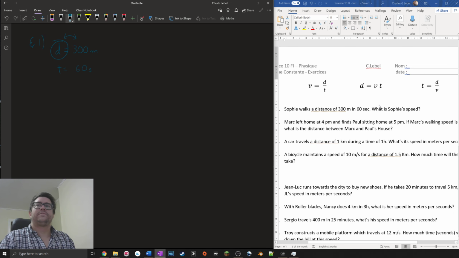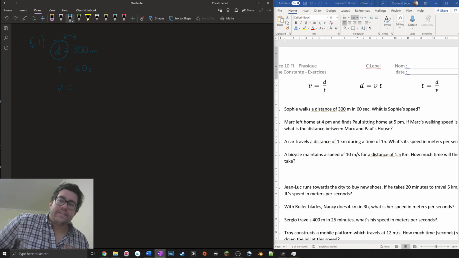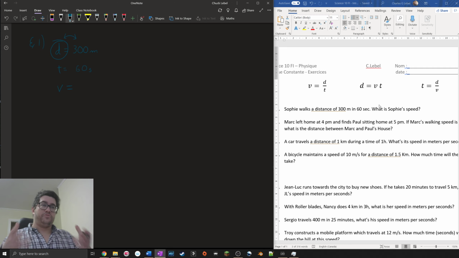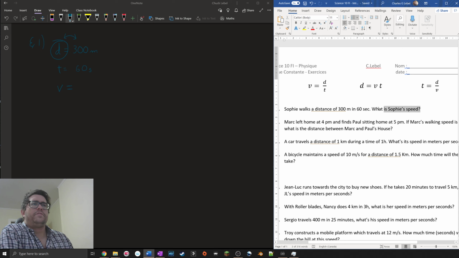V. Why not S? Because V is for velocity. And velocity is the speed that you're going at. It's a little more than that, but we'll call this a constant velocity or a speed. And basically the paper says for this V letter, this is the question. What is the speed? So what is the V? So we'll put a question mark here.